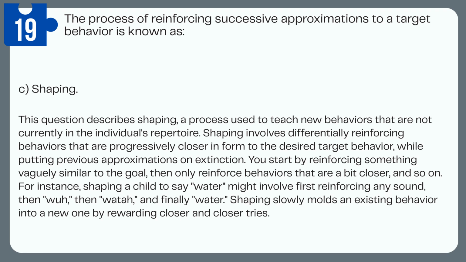While putting previous approximations on extinction, you start by reinforcing something vaguely similar to the goal, then only reinforce behaviors that are a bit closer, and so on. For instance, shaping a child to say water might involve first reinforcing any sound, then wa, then wada, and finally water. Shaping slowly molds an existing behavior into a new one by rewarding closer and closer tries.